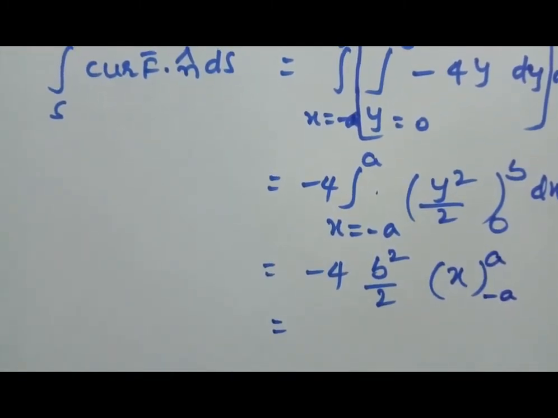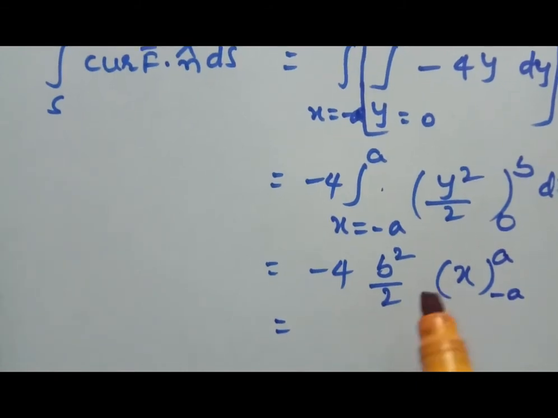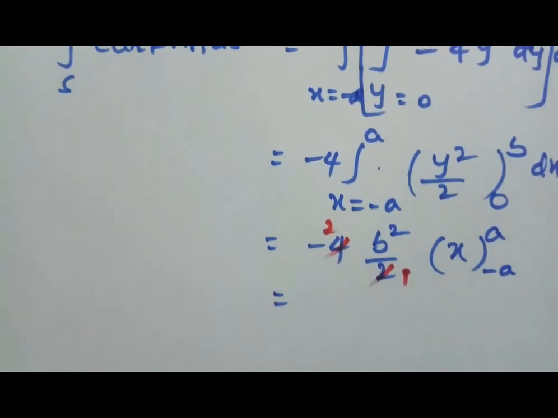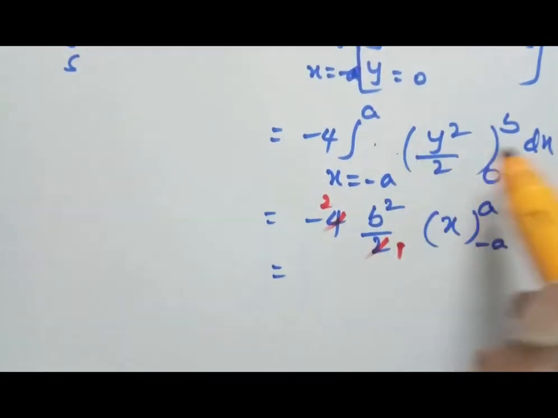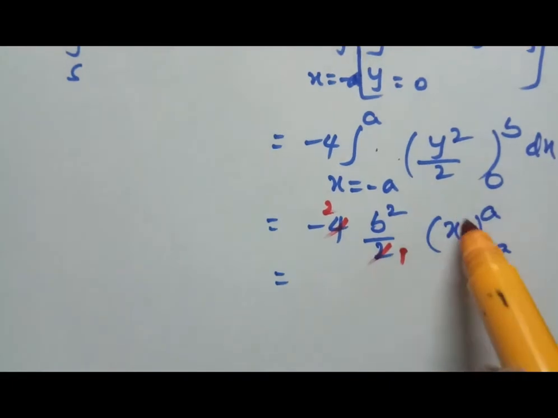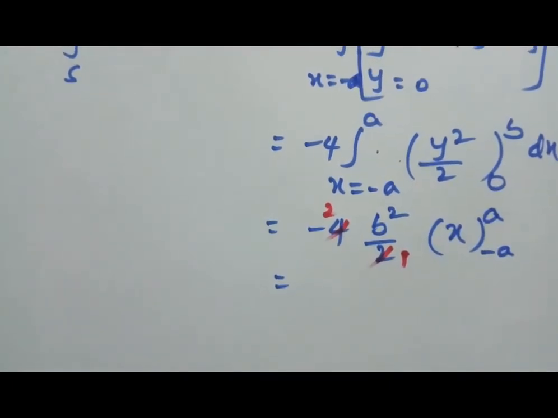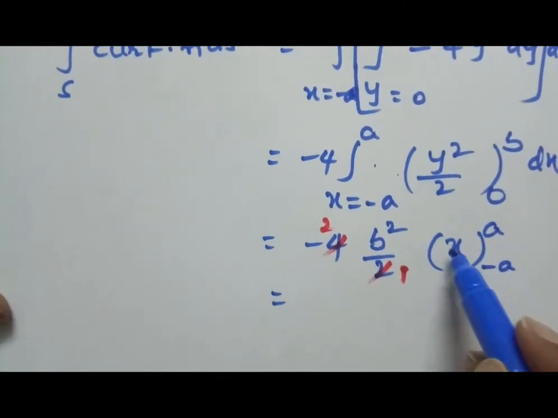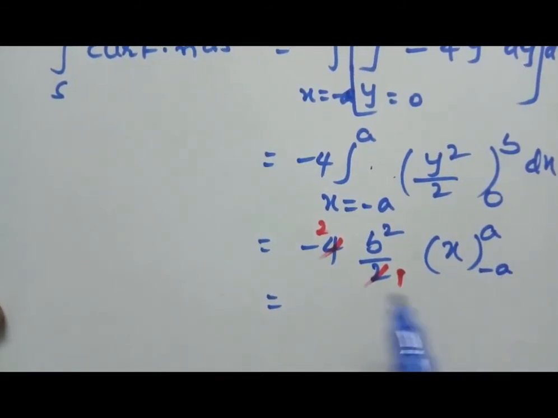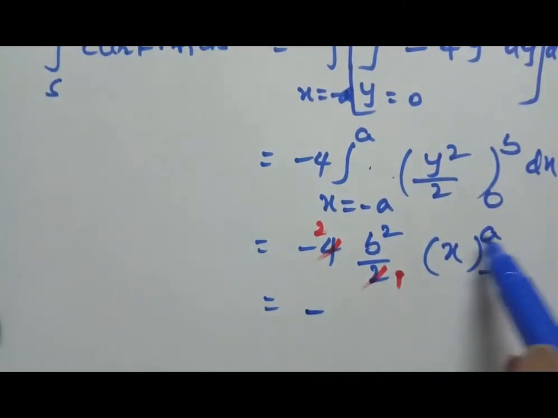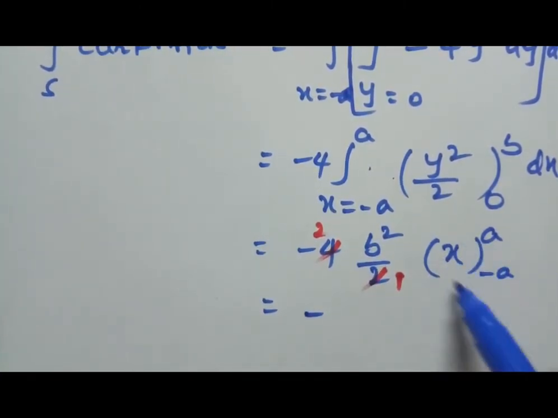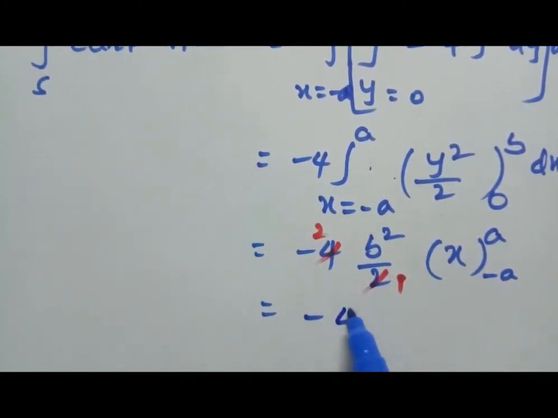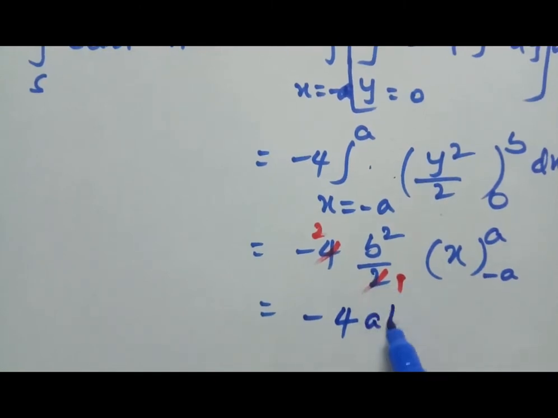Therefore, here 2 ones, 2 twos, so after substituting the limits, only 1 is there. Now integrating 1 with respect to x, we get x. The lower limit is minus a, the upper limit is plus a. Therefore, upper limit minus lower limit, that is a minus of minus a, that is plus 2a. So this equals minus 2b square into 2a, that is 4a b square.